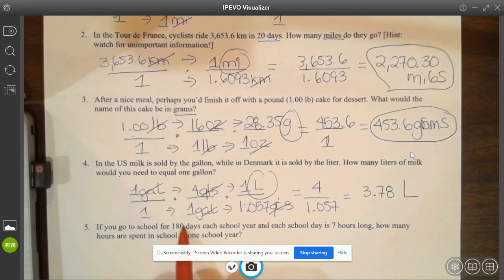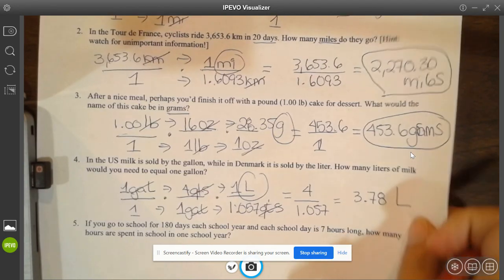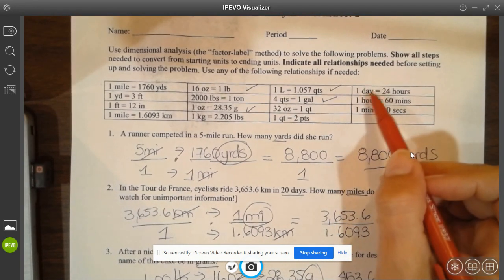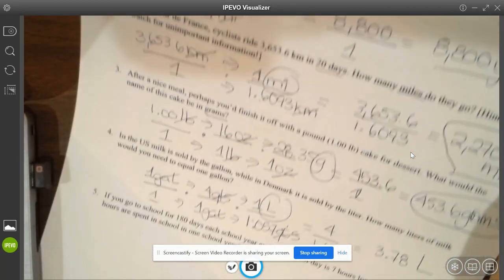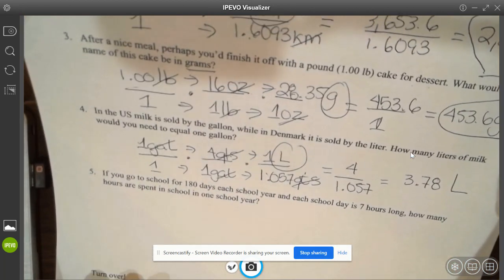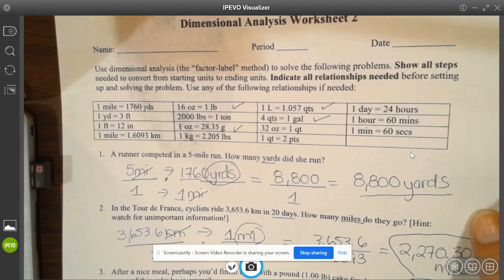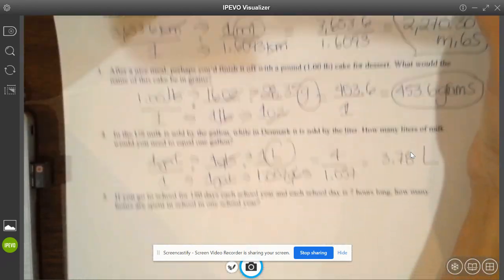So we know that 180 days of school, and then we need to know many things. We need to know one day is 24 hours. We know hours. We want in hours. So we need to know all our days. So but we know the time.